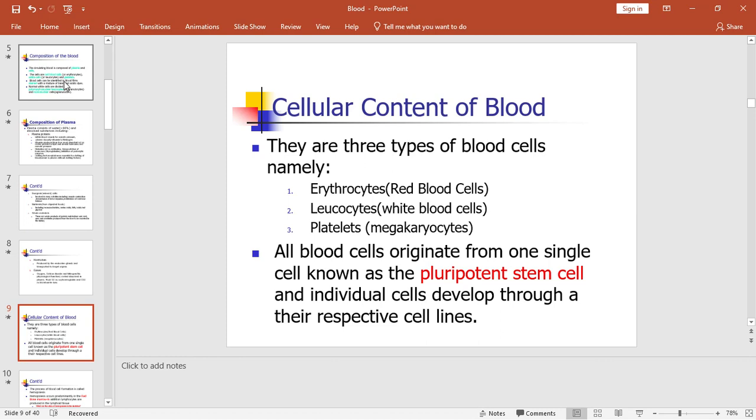All these three cell lines come from a common cell, which is known as the pluripotent stem cell, and each of these three cell lines will then pursue their respective lines.